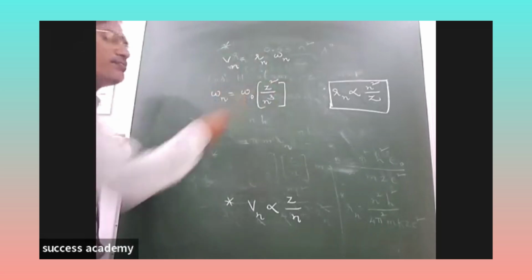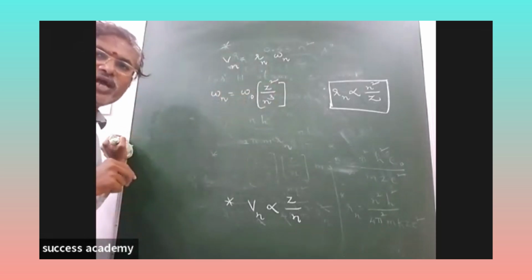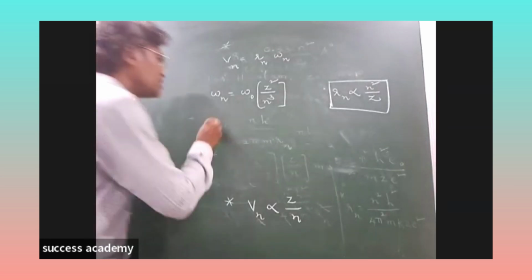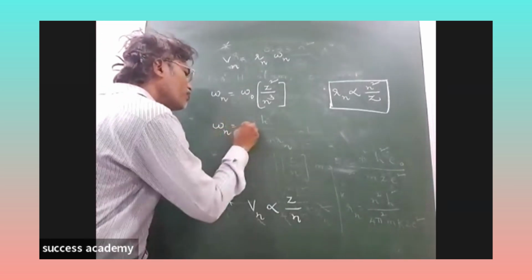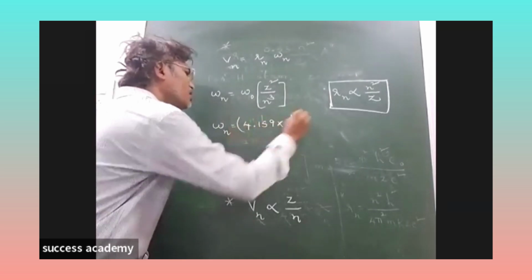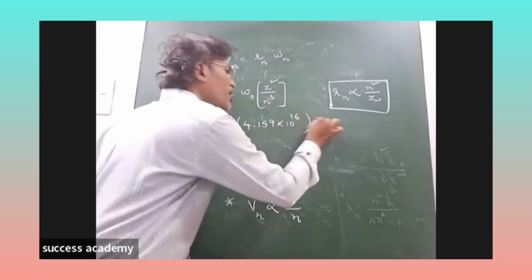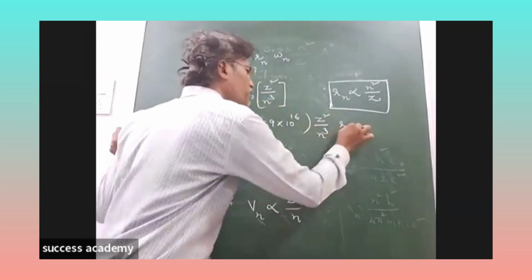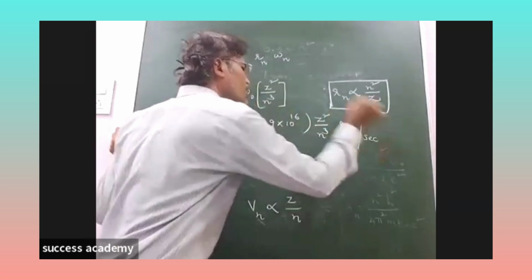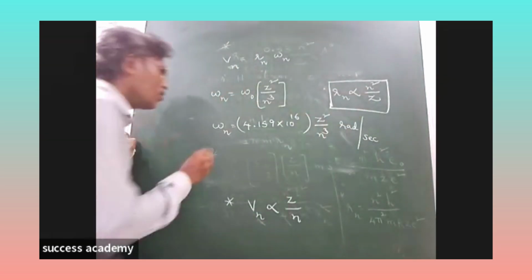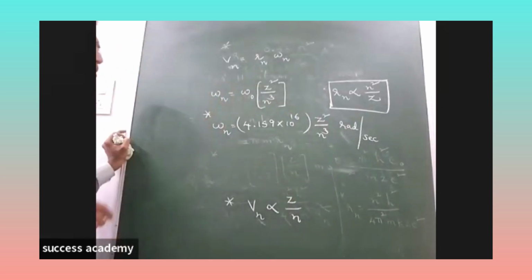What is omega naught? It is a constant, 4.159 into 10⁻16. What is the unit of angular velocity? Radian per second. This is the generalized formula.